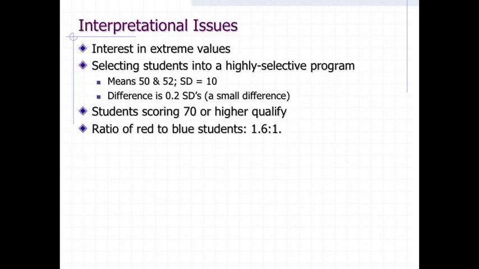Although this difference is small in absolute terms, the ratio of red to blue students who qualify is 1.6 to 1. This means that if 100 students were to be accepted and if an equal number of randomly selected red and blue students applied, 62% of the red and 38% of the blue would be accepted. In most contexts, this would be considered an important difference.